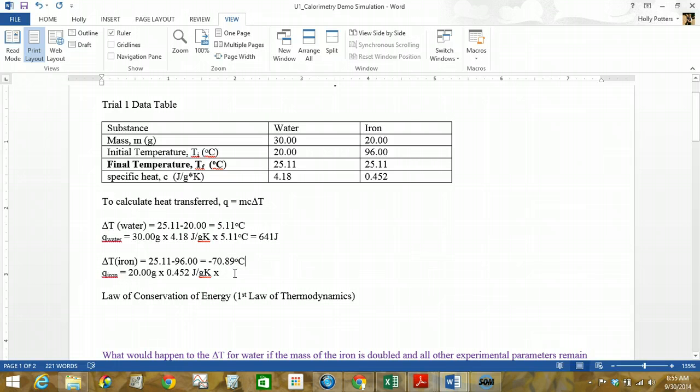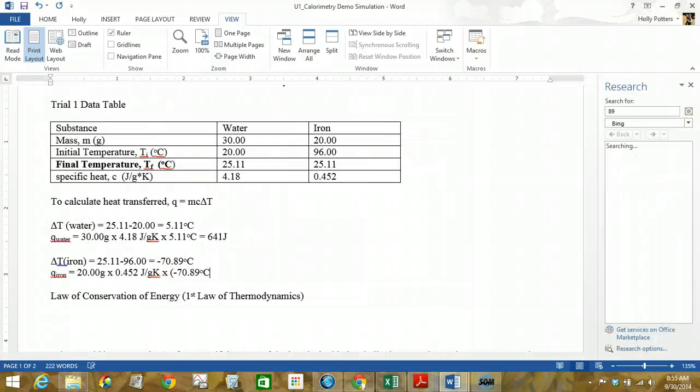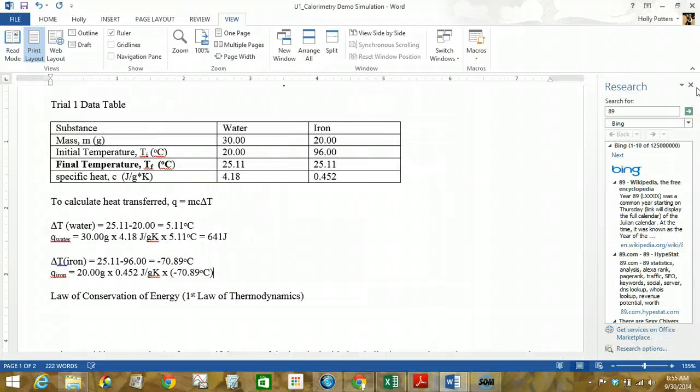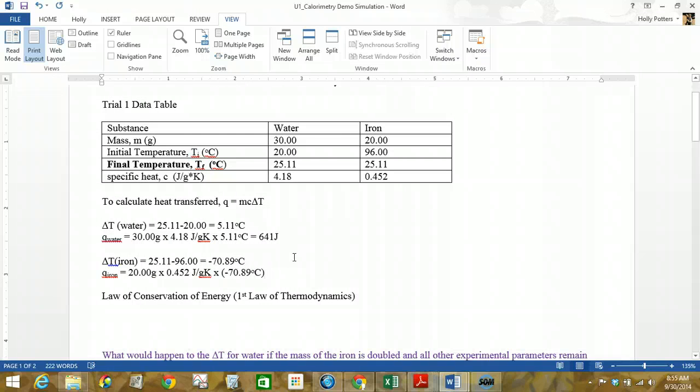And so there's the delta T. Again, I'm going to plug in the negative 70.89 degrees Celsius. And that comes out to be negative, again, to three significant figures, 641 joules.